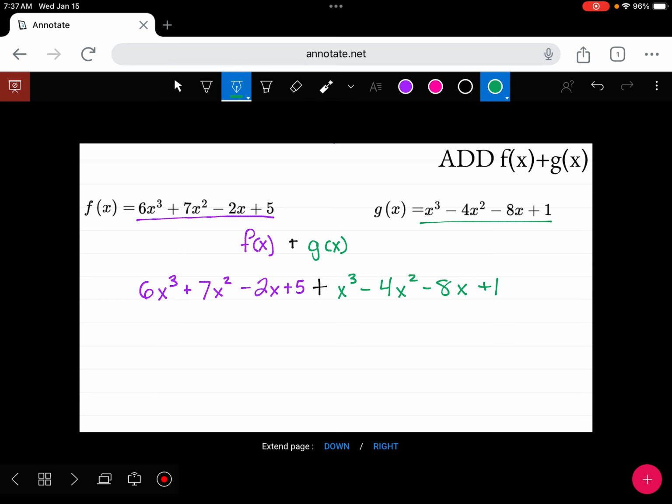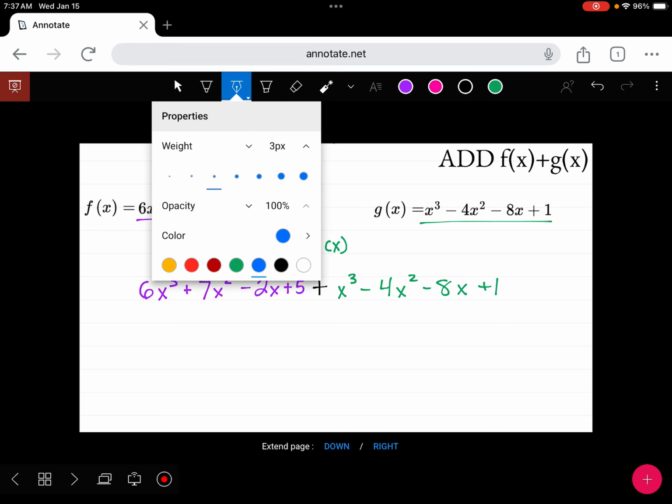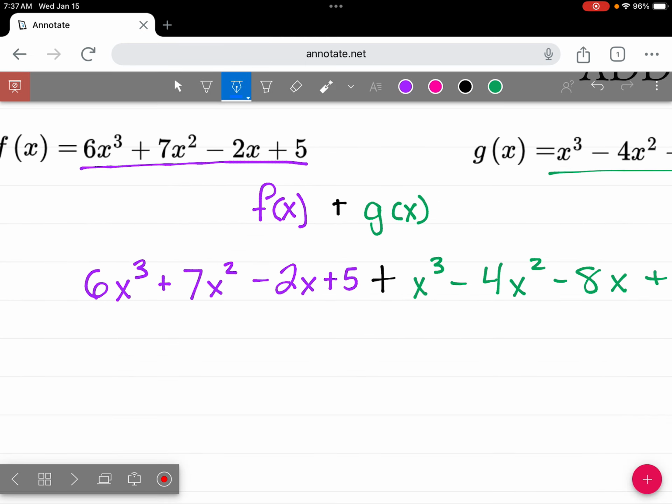So what we're doing from here is combining like terms. What like terms do we have in here that we can combine? x cubed, x squared, x.